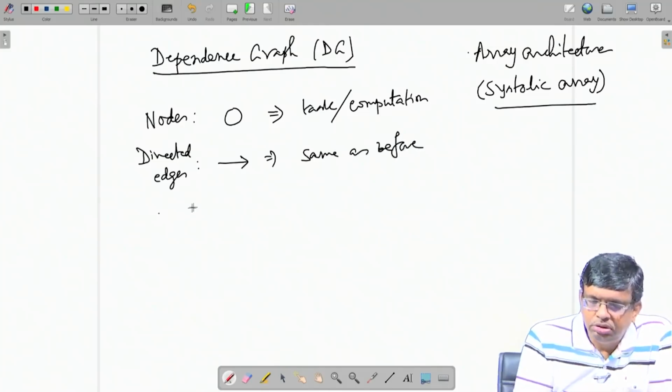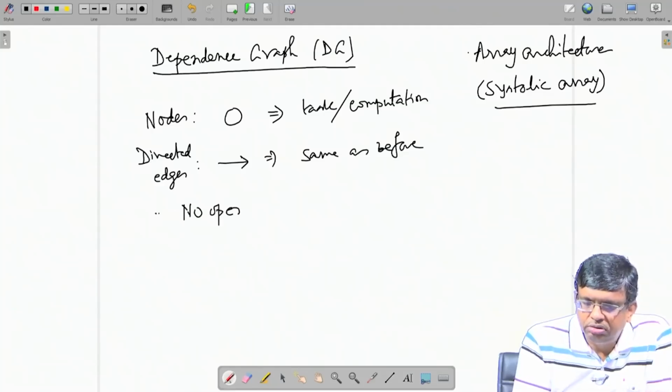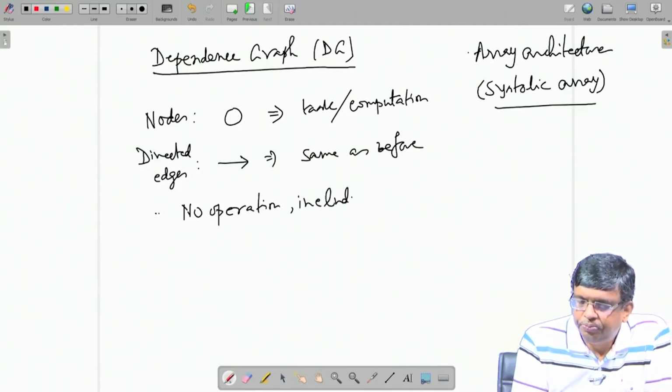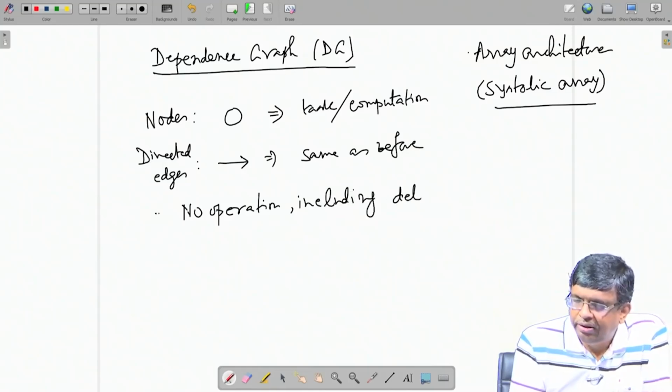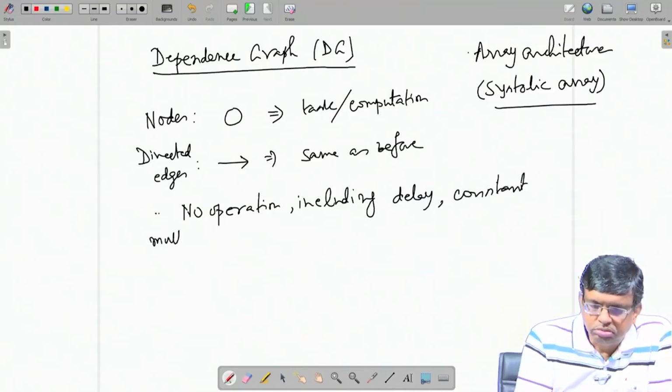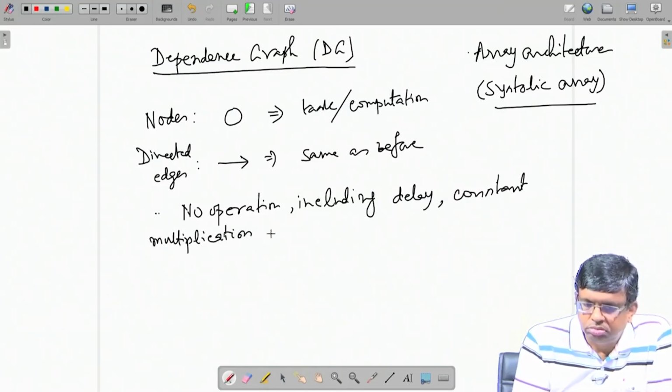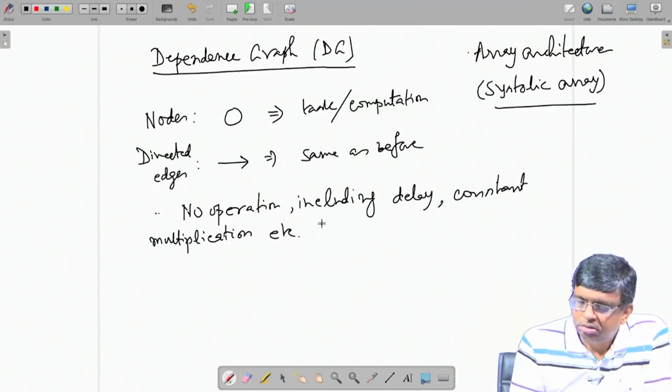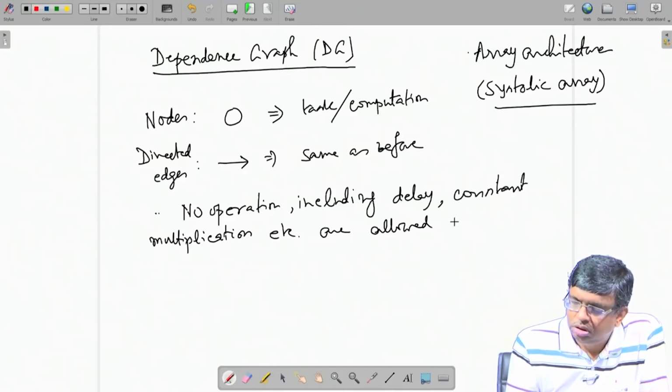But there are two differences. One is no operation, including delay, constant multiplication, etc., is allowed along the edge.